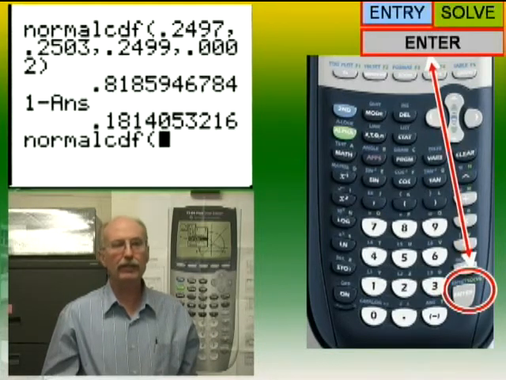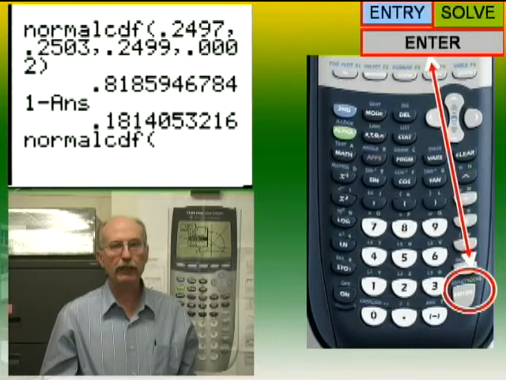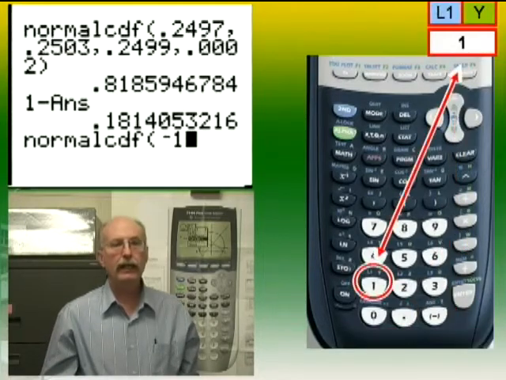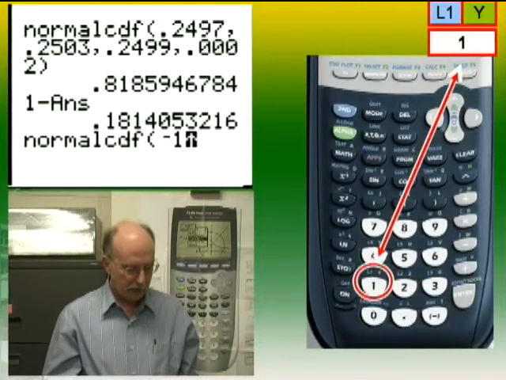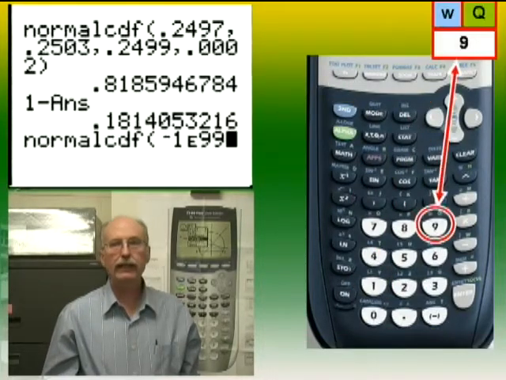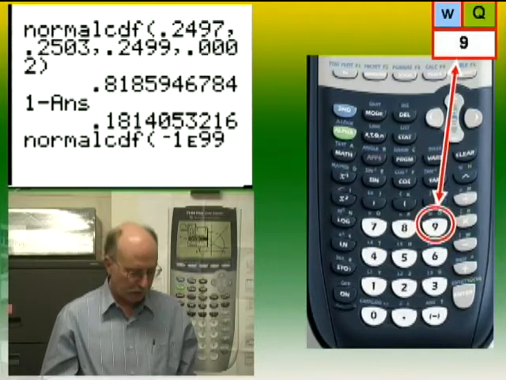You can't put minus infinity in the calculator, there's no key for it. The closest approximation is -1 with 99 zeros after it. We use scientific notation, the letter E, on the second double E key, and then 99. That's as close to minus infinity as we can get.